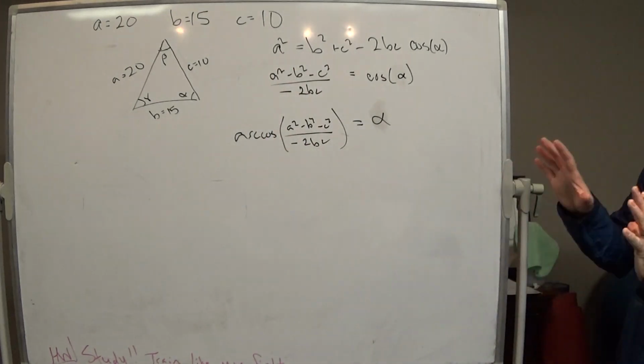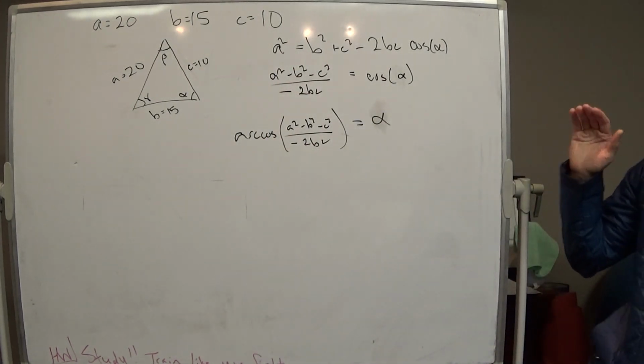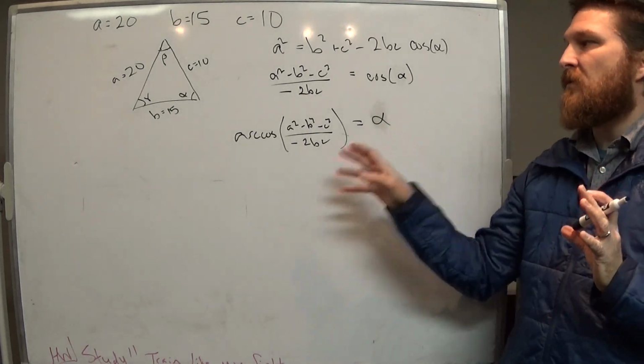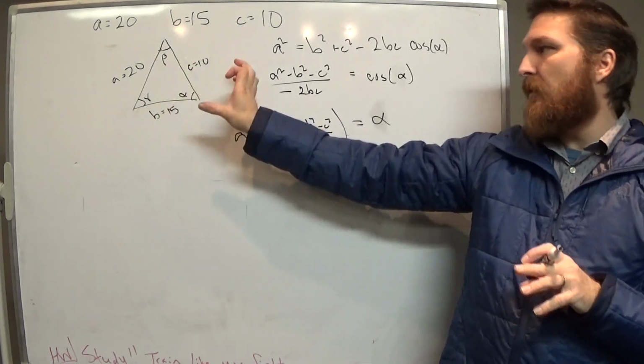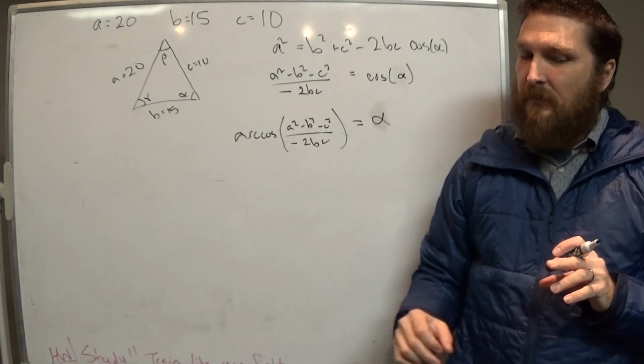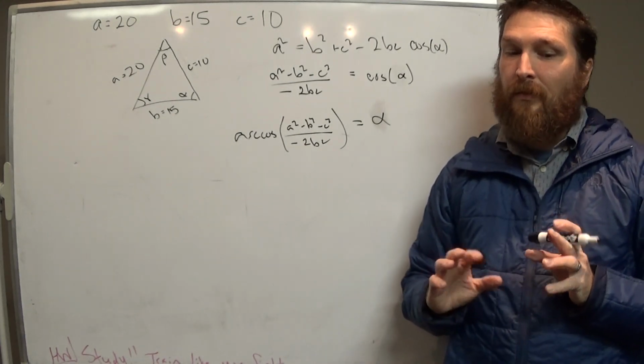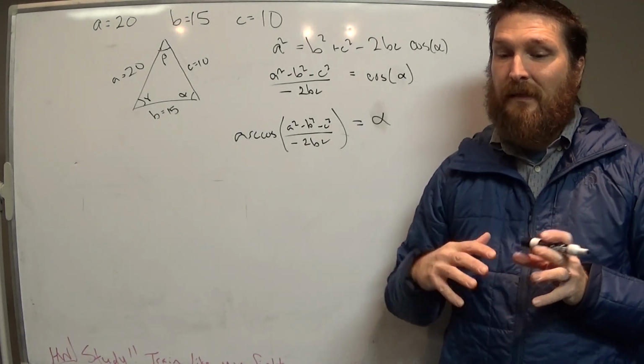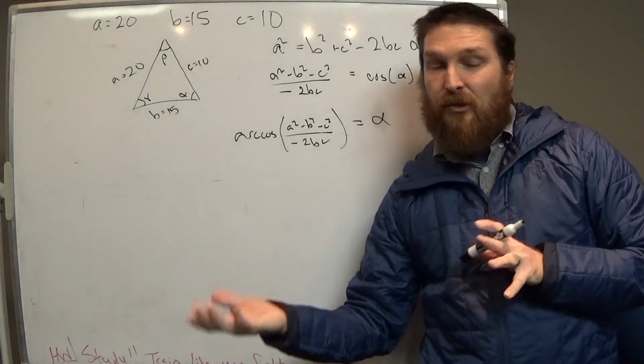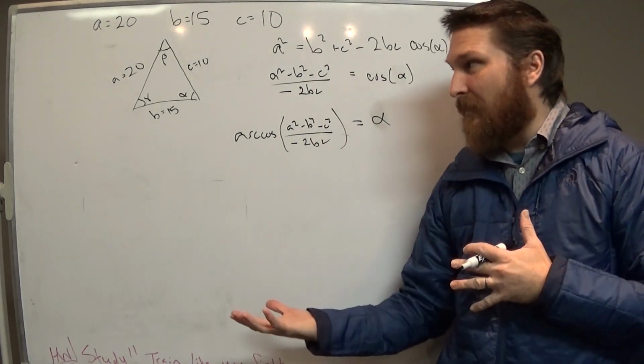But the reason why that matters is because after you find what alpha is, you're going to use law of sines for the other ones. But when you're using law of sines, remember, you might end up with an acute and an obtuse case, right?